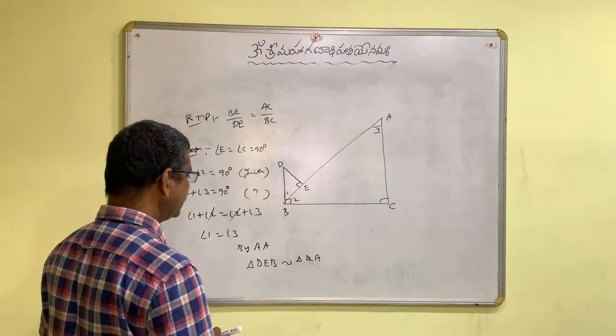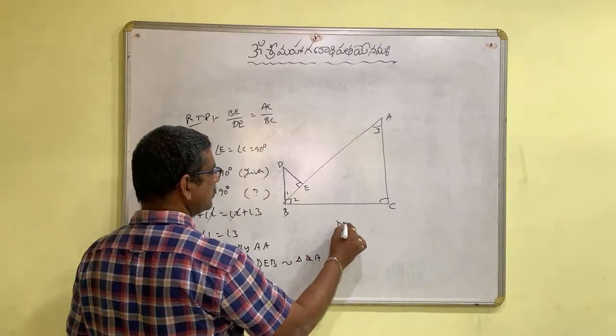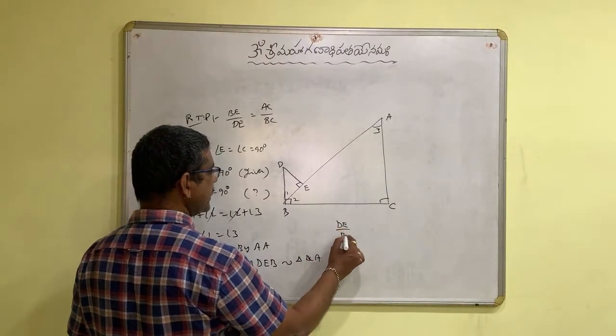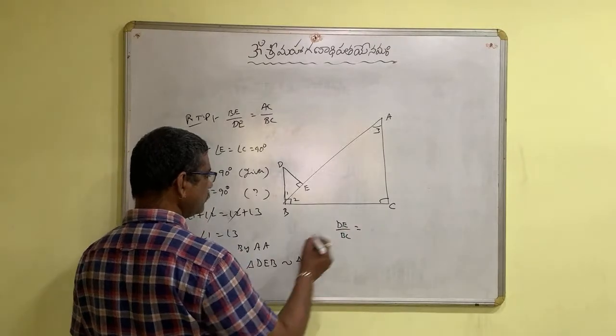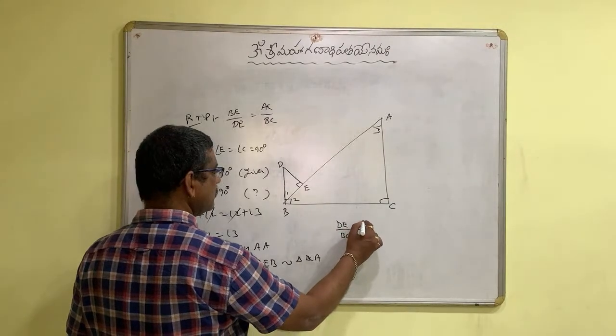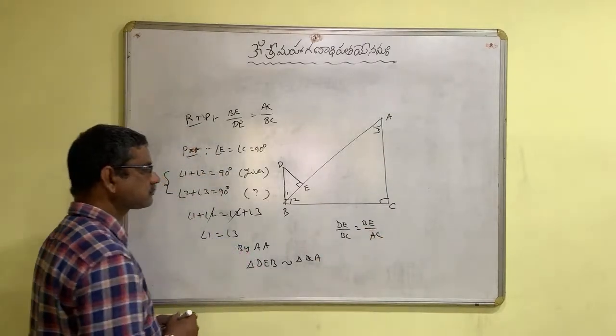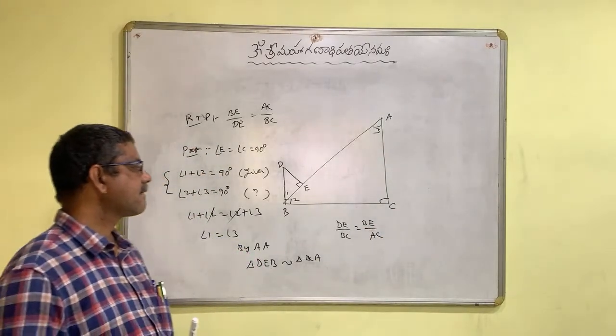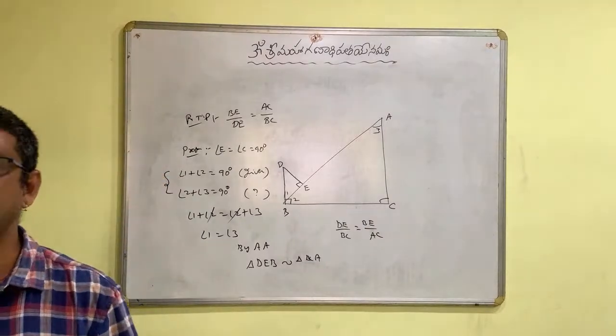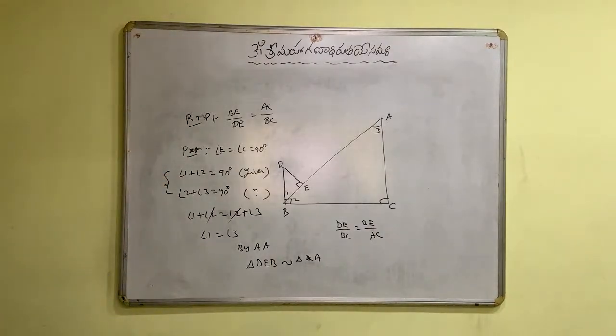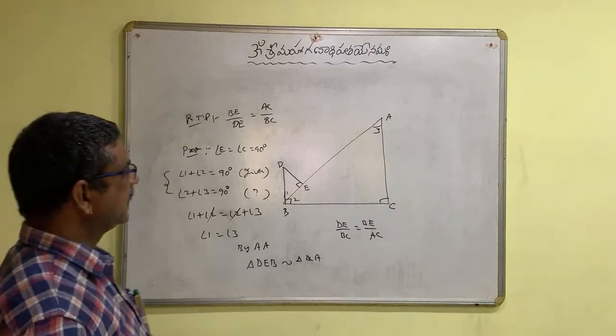Okay, now write the ratios. DE by BC is equal to BE by AC. Okay, no need to write the third one because here we are getting the answer.